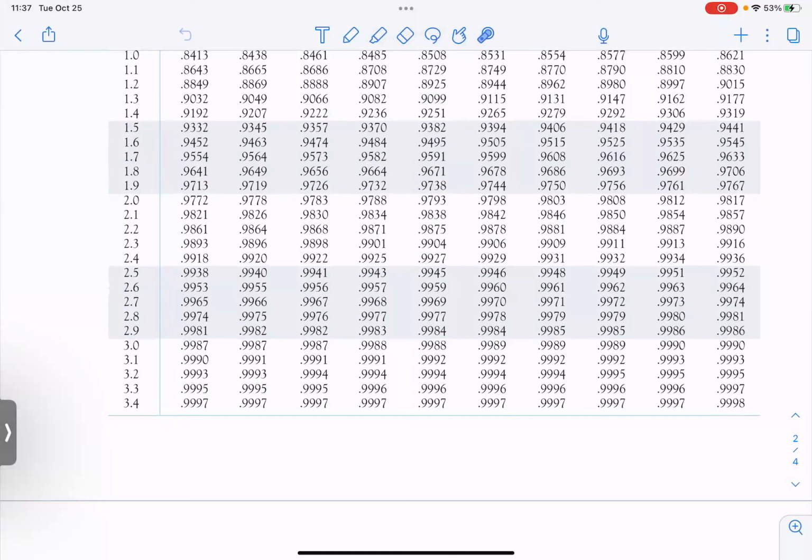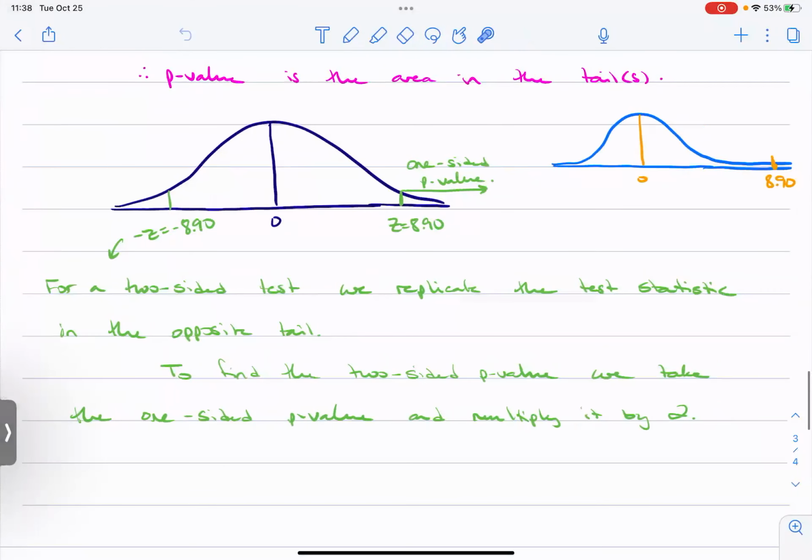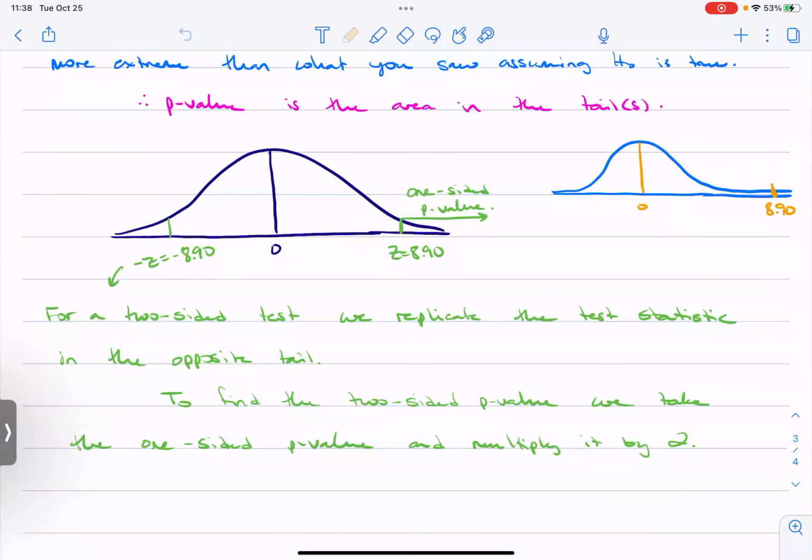These tails go to infinity, so there's always some amount of area, but at 3.49 and negative 3.49, someone decided that's enough. The area in that tail is so small. In fact, it's going to be less than 0.0002, three zeros, because this is the area to the left. So the area to the right is going to be 0.0002.